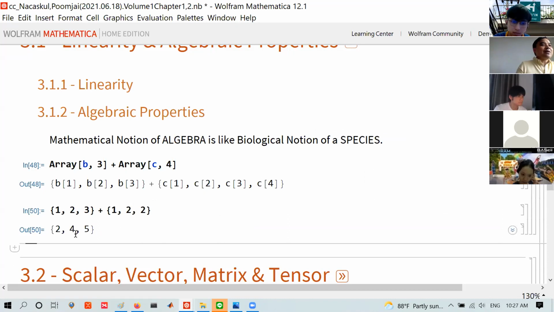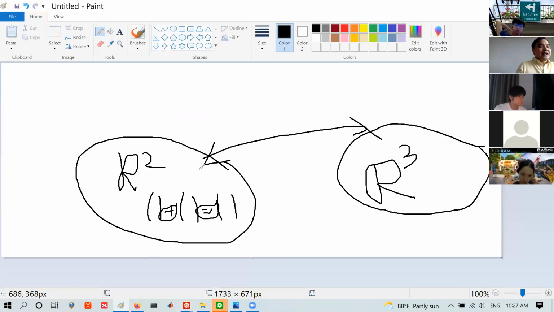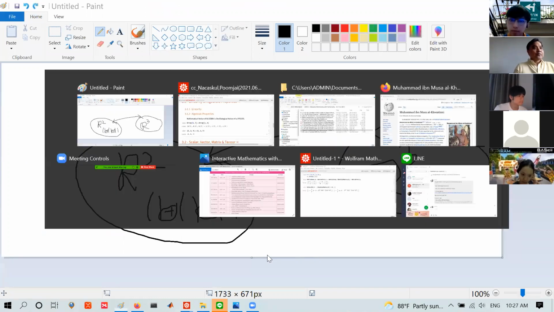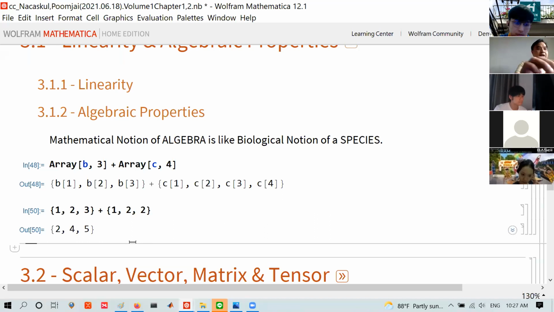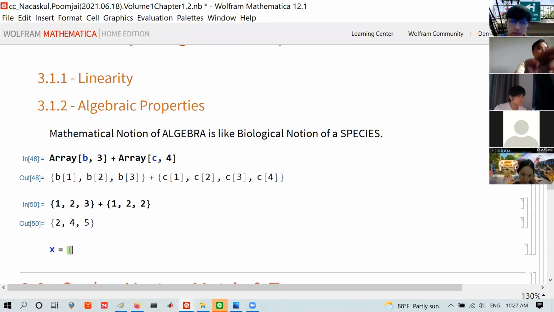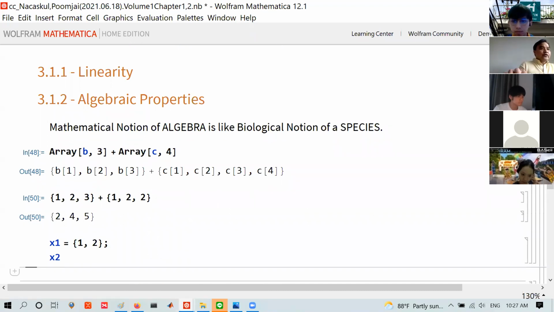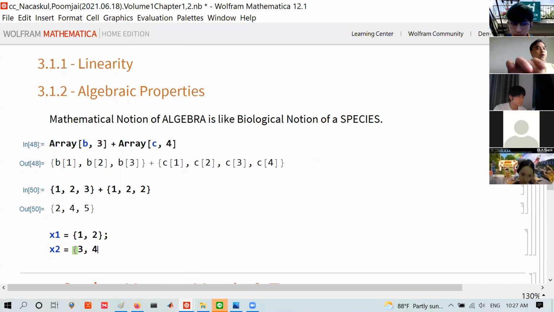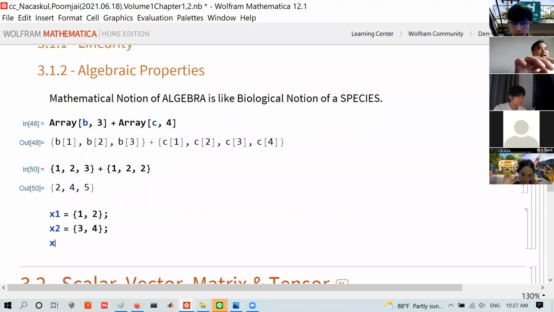Actually, last week I was talking about multiplying matrices. I should also give you a notion of addition. Well, the notion of addition is very simple. If vector x1 is equal to 1, 2, and x2 is equal to 3, 4, what do you think x1 plus x2 will be?